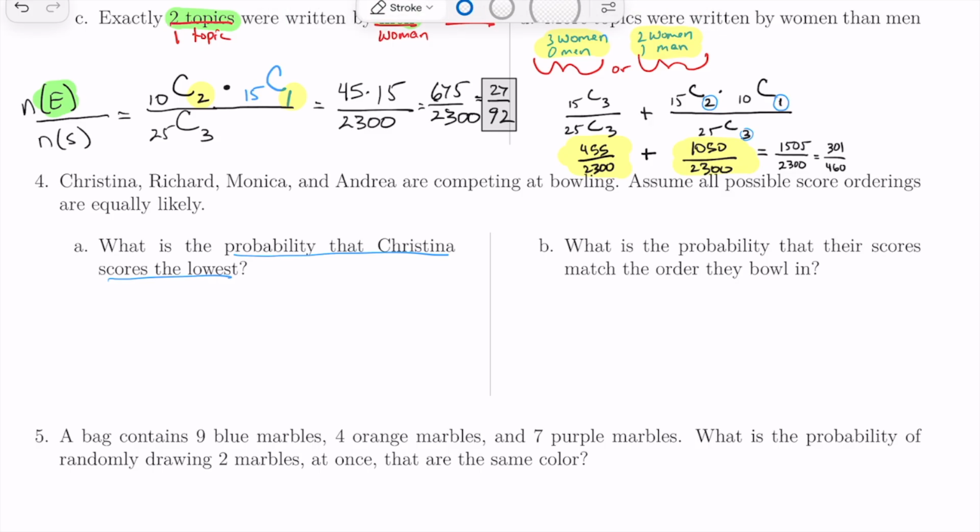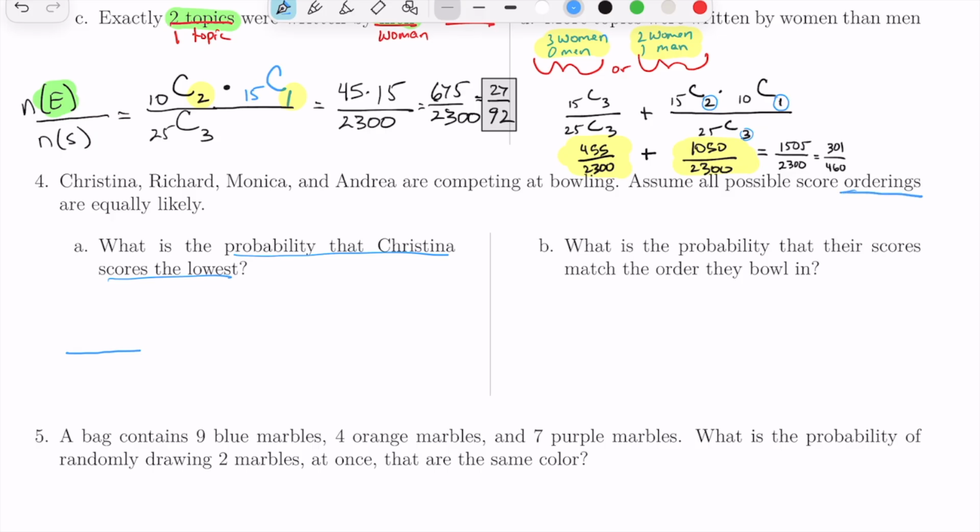But let's go ahead and look at some of the math behind it, and you're going to say, why are you complicating this? Well, it's just important to understand with all of the countings. Assume all score orderings are equally likely. Well, this is a place where there are positions: first place, second place, third place, fourth place. You can see it even says orderings, right?